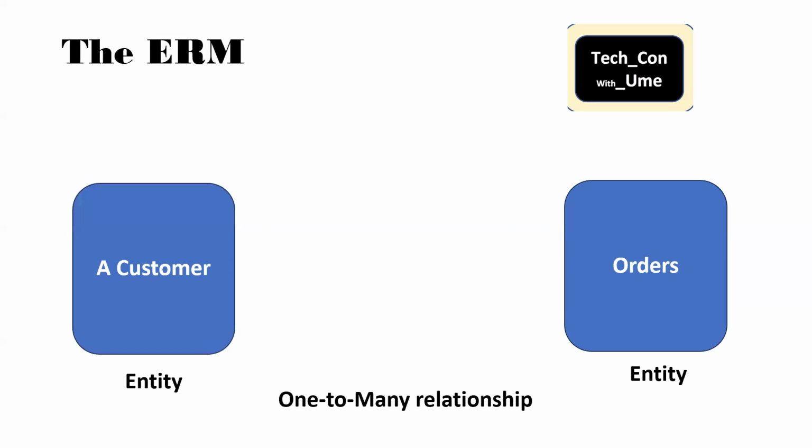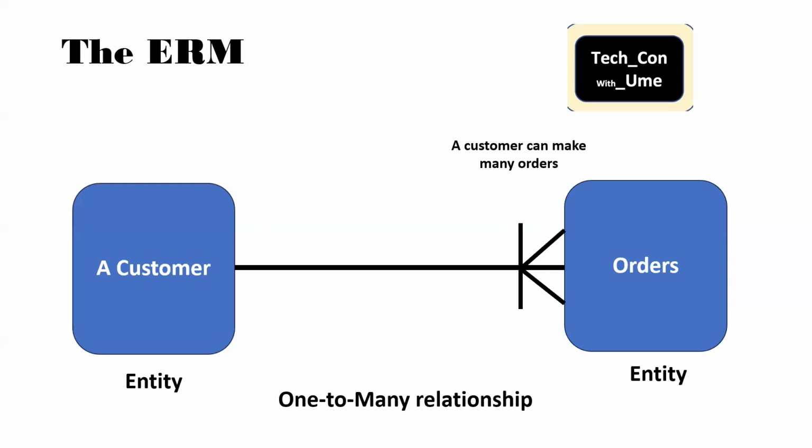This example illustrates a one-to-many relationship. Here, a customer can make many orders when shopping. However, a single order can belong to only one customer.